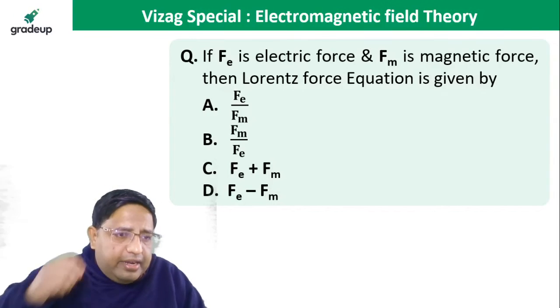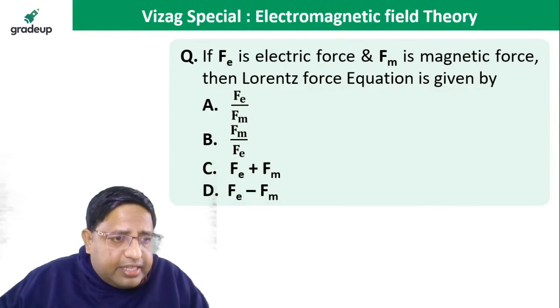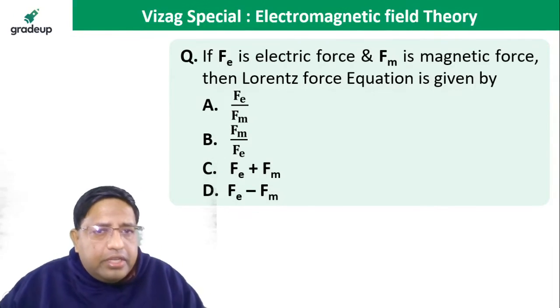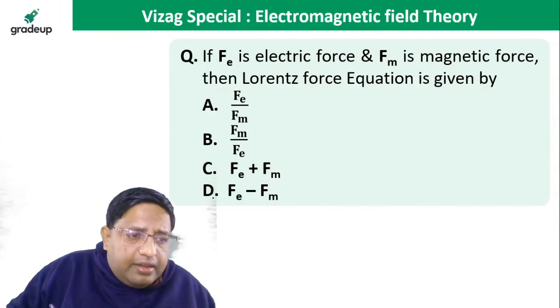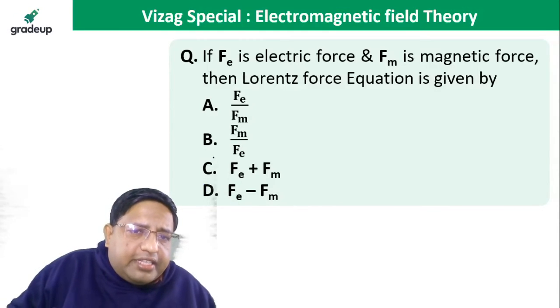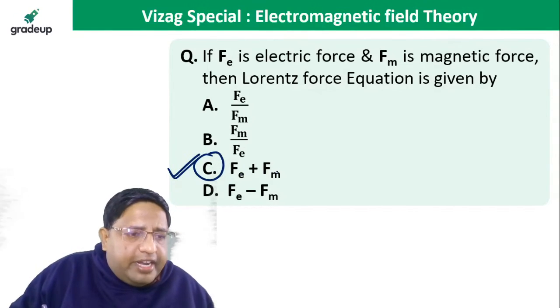Yes, Taks Patel, Abhijit, all have given the correct answer. Very good, very good. C is the correct answer. Vanilla Raja, Varsita are giving the correct answer. It is not D, it is the C. Lorentz force is the sum of the electric force plus magnetic force.